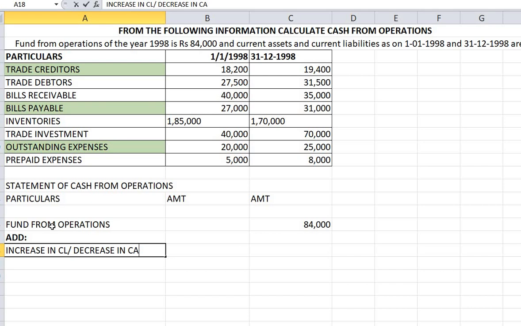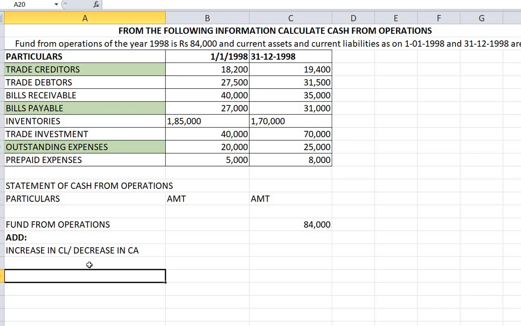So find out what all current liability has increased. Trade creditors 18,200, 19,400. Yes, it has increased. So first you can write it as trade creditors. You have to find what is the increased amount.